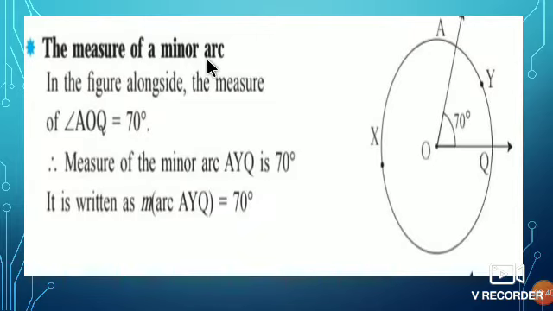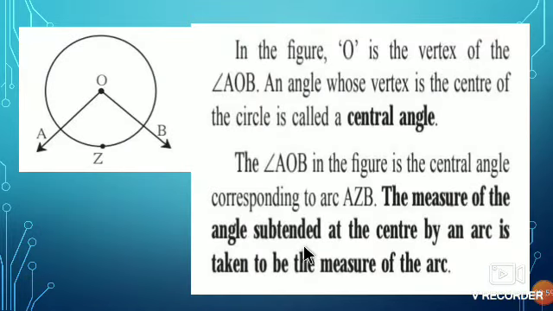The measure of the minor arc. In the figure alongside, the measure of angle AOQ is 70 degrees, meaning the measure of the central angle is 70 degrees here, and as I told you, the measure of the angle subtended at the center by an arc is taken to be the measure of the arc.